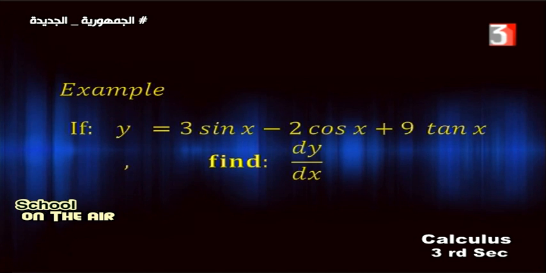If y equals 3 sine x minus 2 cosine x plus 9 tan x, find dy dx.